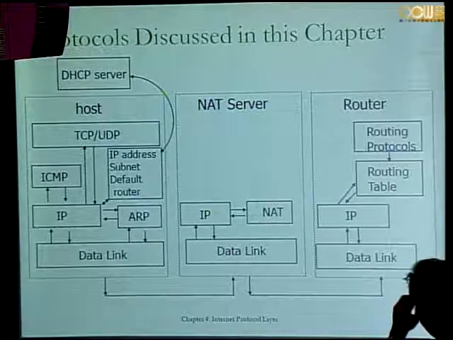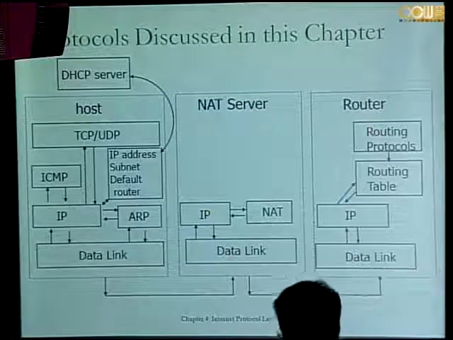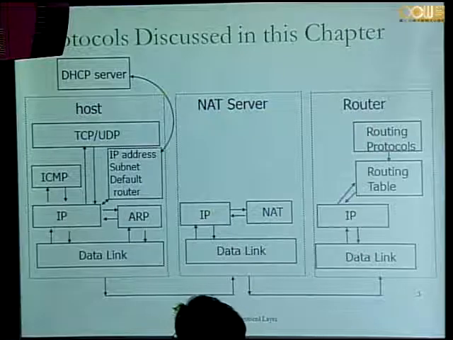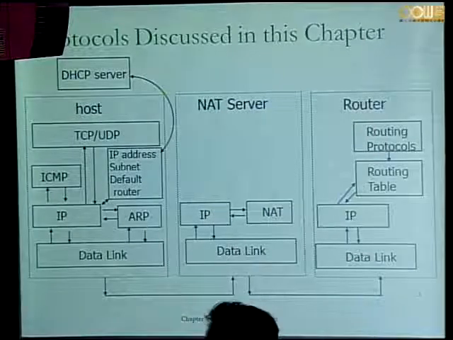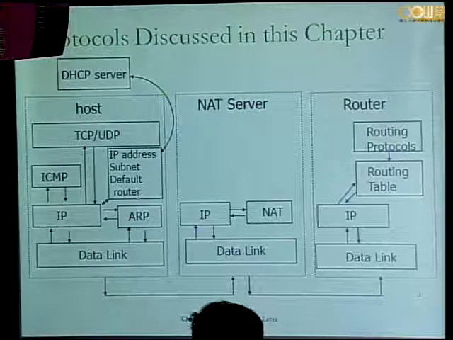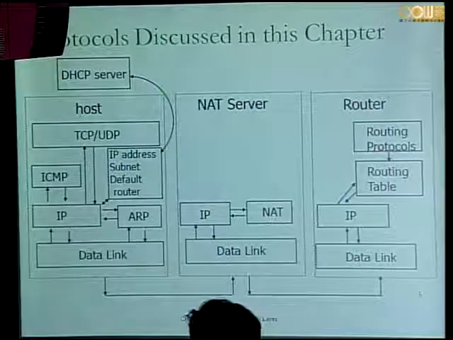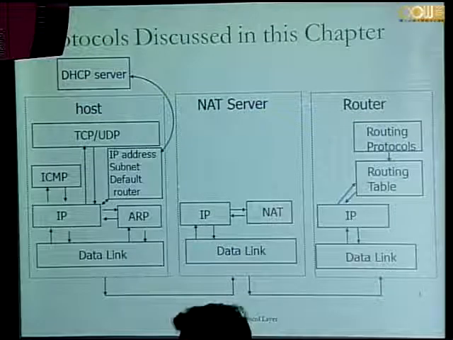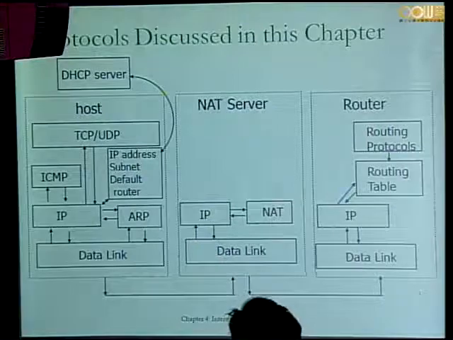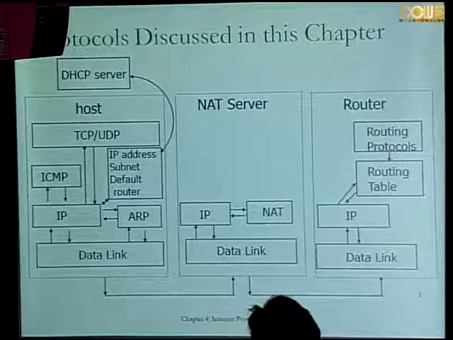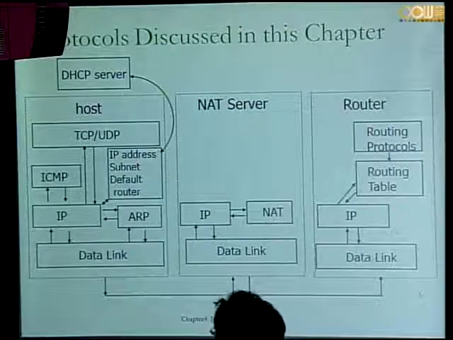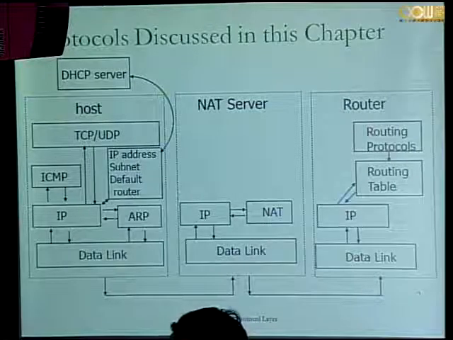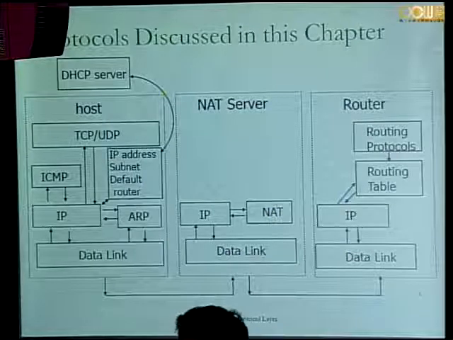And the reason why it has a NAT device in the middle is because it probably uses a private IP address for the host. So we'll talk about private IP address in section 4.2 when we talk about IP protocol. And so the NAT device will need to do the mapping, translation from private IP address to public IP address, and vice versa.